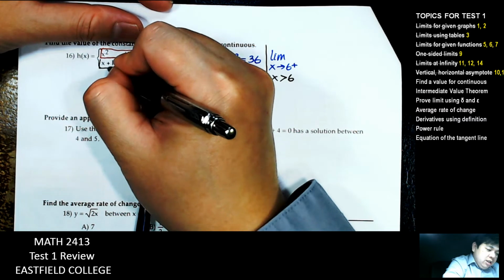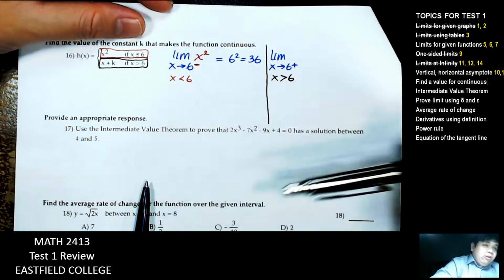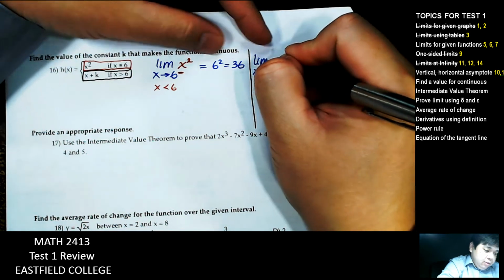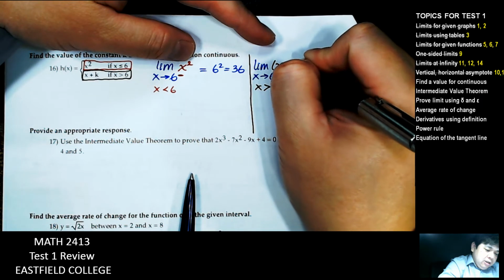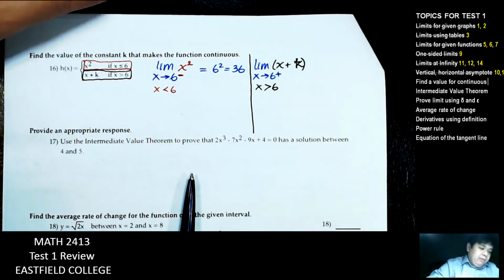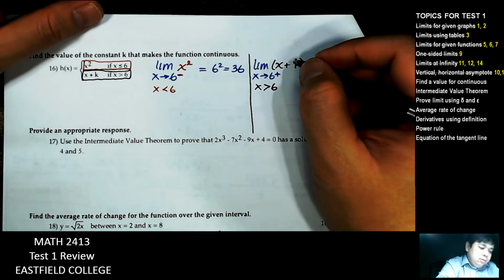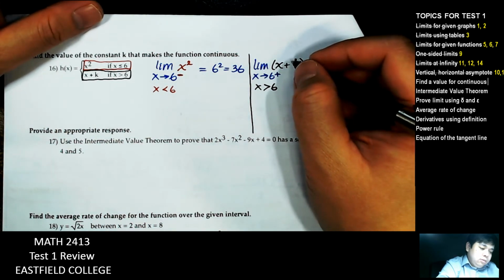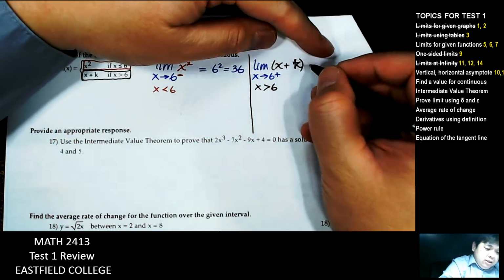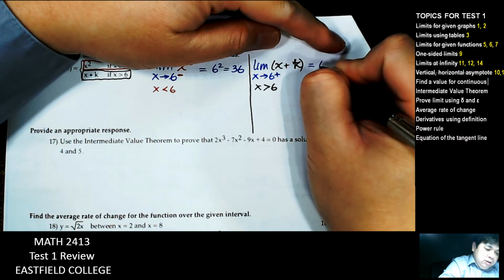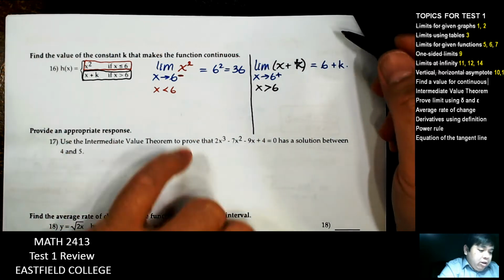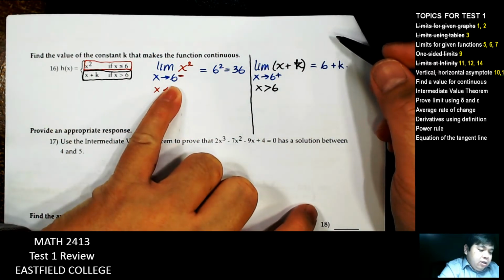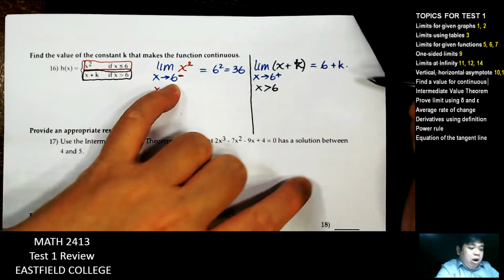So we just have x plus k, and we put 6 in for x. So the limit on the left is 36, and the limit from the right is 6 plus k.